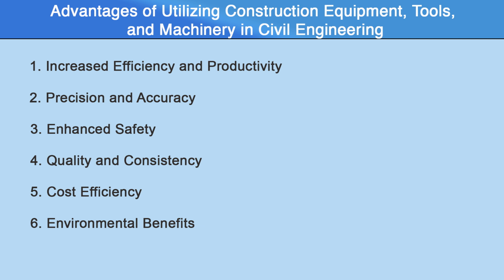Finally, the environmental benefits. Precision tools and machinery help in accurate measurements and cutting, leading to less material wastage. Modern equipment is designed to be more energy efficient, consuming less fuel and electricity, which helps conserve natural resources.